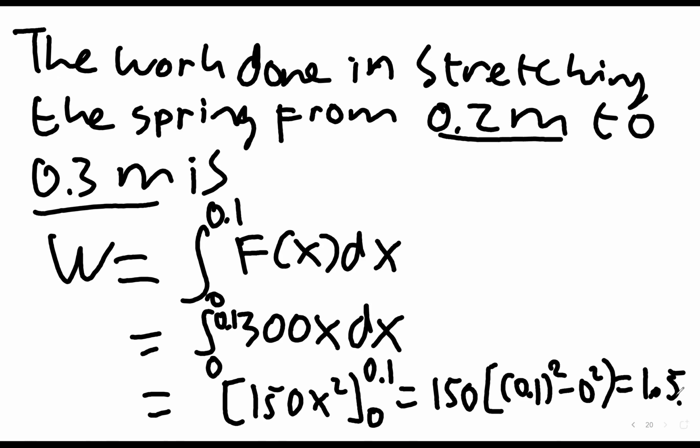So the work done in stretching the spring from its natural length, namely 0.2 meter, to 0.3 meter, is the integral from 0 until 0.1 of F of x dx, and the formula of F of x is 300x. The antiderivative of 300x is 150x squared. Then put x equals 0.1 and 0, and we get 1.5.